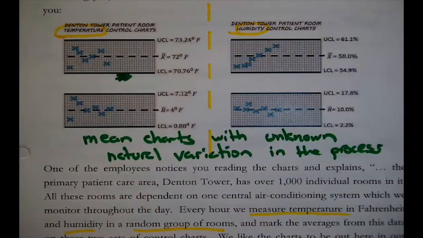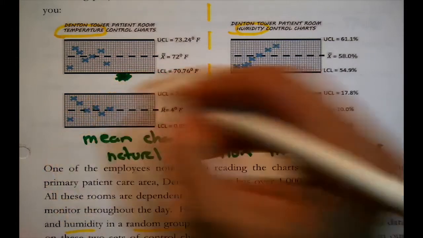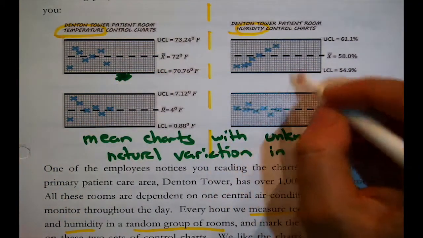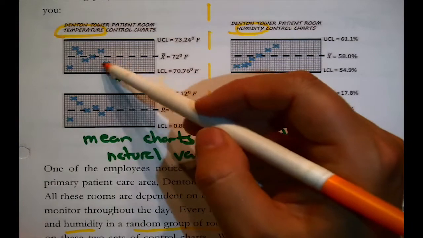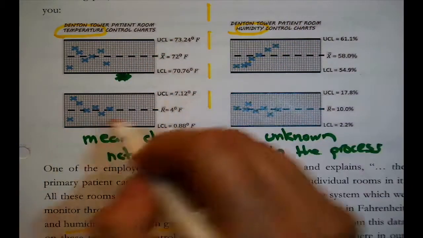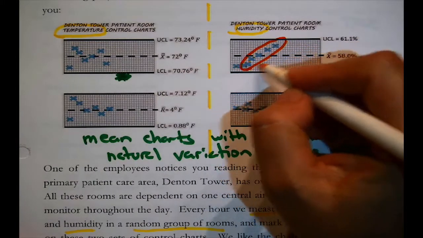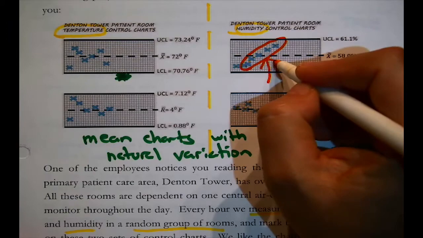Because if the only reason you're getting these shapes is that temperature naturally varies a little bit and humidity naturally varies a little bit, you shouldn't see any distinct patterns. It should be random. That is a very distinct pattern right there.